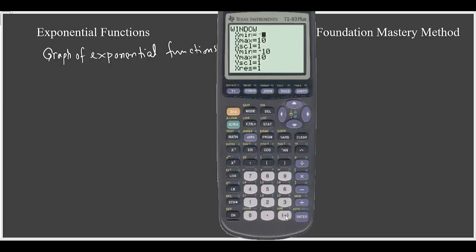So let me make it -5 to 5, and for y I put here maybe -1 to, say, 100. See what happens. So this is my 2 to the x, then going e to the x, then going 3 to the x, and then going 7 to the x.